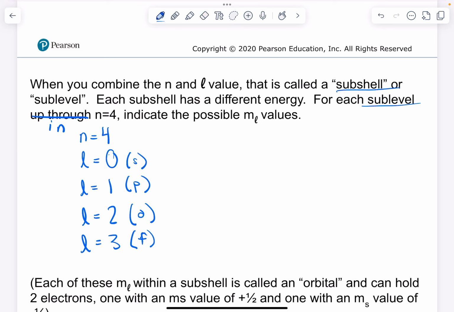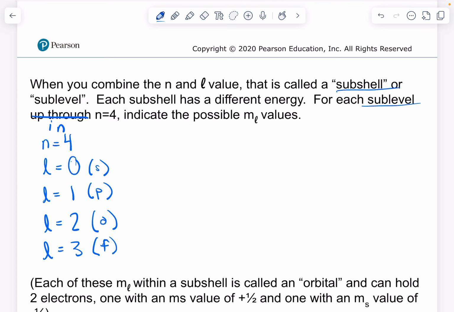I'm going to rewrite them as its own little chart to make it easier to understand, with their sub-level designation. So if n equals 4 and L equals 0, I'm going to write 4S. For n equals 4, L equals 1, I'm going to write 4P, and so forth. 4D, 4F.